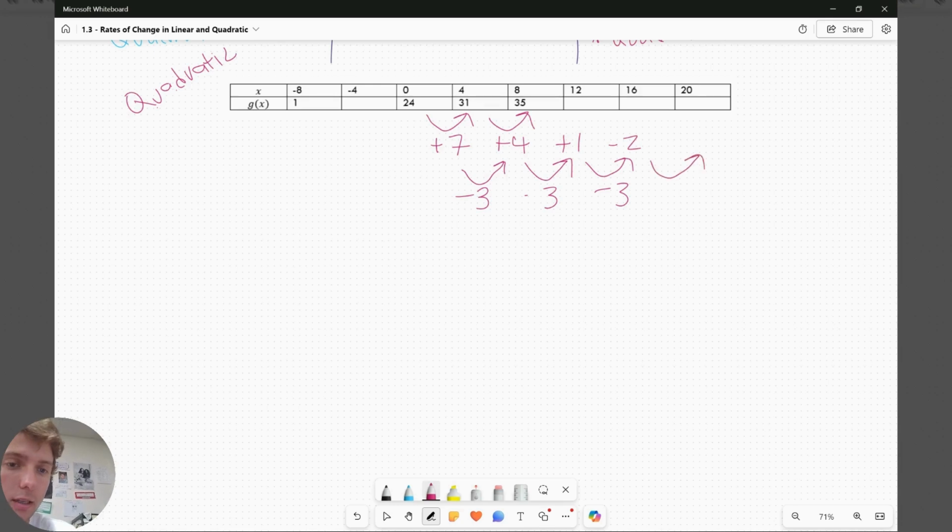And negative 2 minus 3 gives us negative 5. Realize that gives you the change between each value. So between 35, we must be adding 1, so this value is 36. Between 36, we must be subtracting 2. And from 34, we must be subtracting 5.